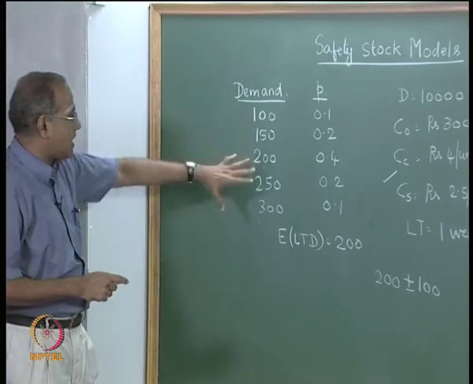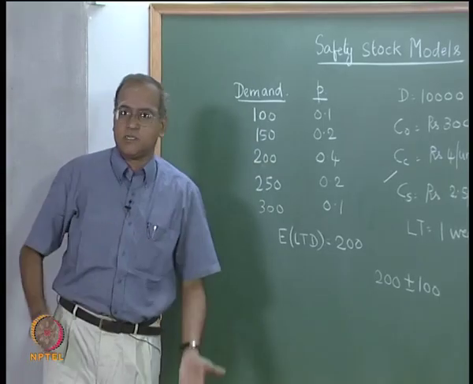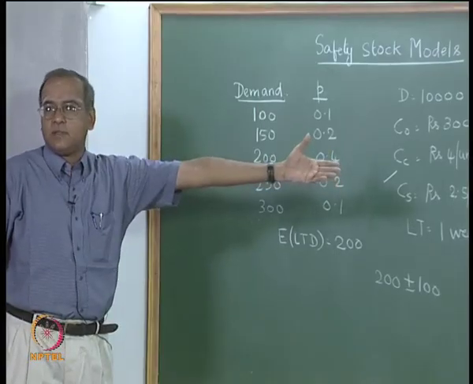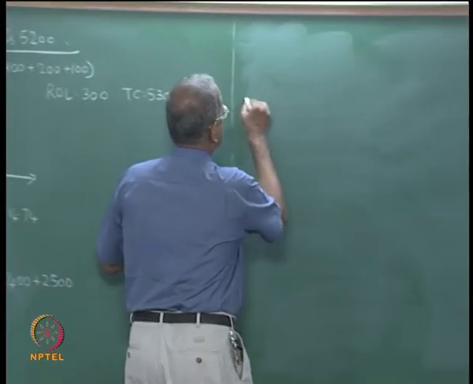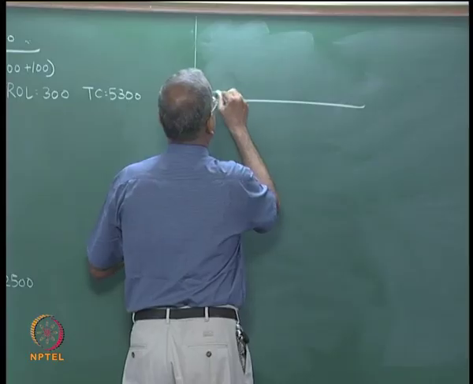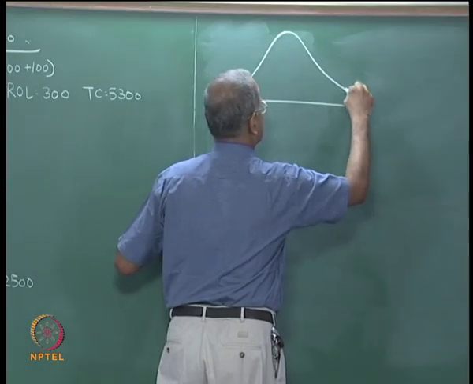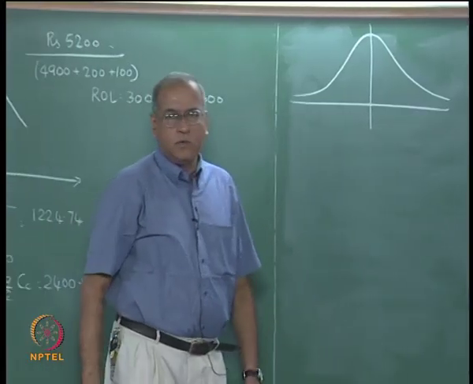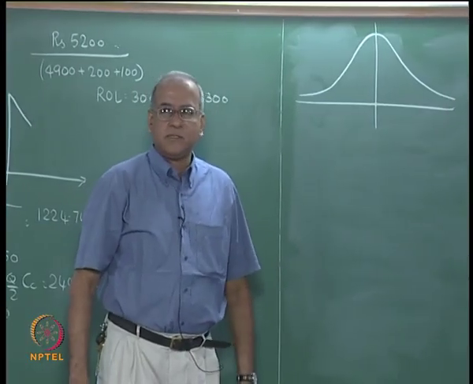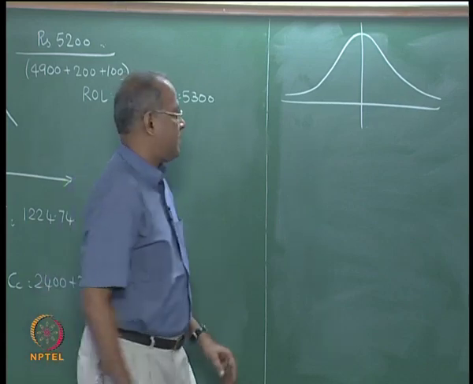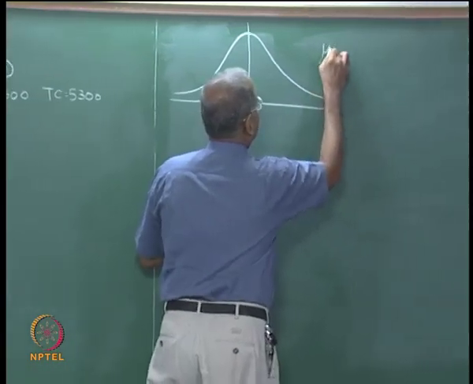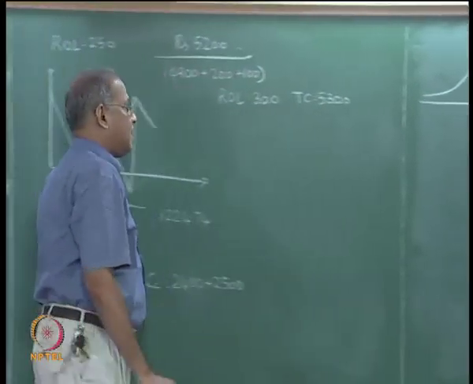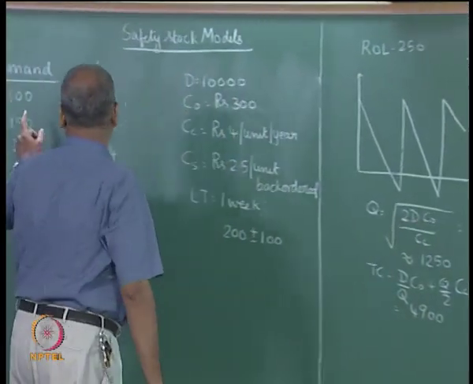Now let us model or approximate this to a normal distribution, and then let us see what we do in order to find out the reorder level. We assume that the lead time demand is now normally distributed with mu equal to 200, which is the same expected value of this distribution.